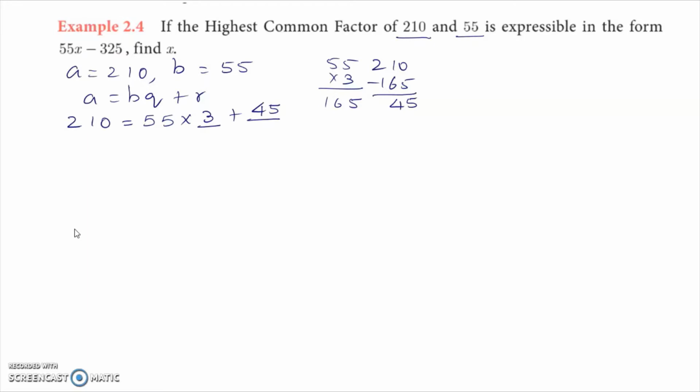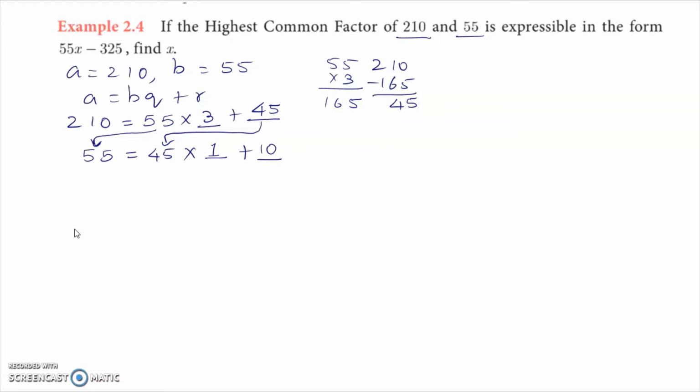So let's repeat it. According to the division algorithm, you need to keep repeating. So now our B will become A. So 55 is equal to, and our R will become our new B, 45 times plus remainder. So this will be 1, and 1 times 45 is 45. 55 minus 45 will be 10. Our remainder will be 10.